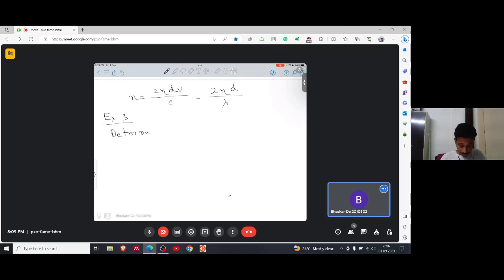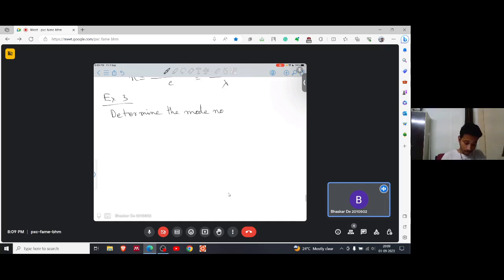Now I'll just show an example. Determine the mode number at the extreme ends of the optical frequency region for the following example. The wavelength lambda equal to 700 nanometer in the red, and a spacing of d equal to 0.35 meter.